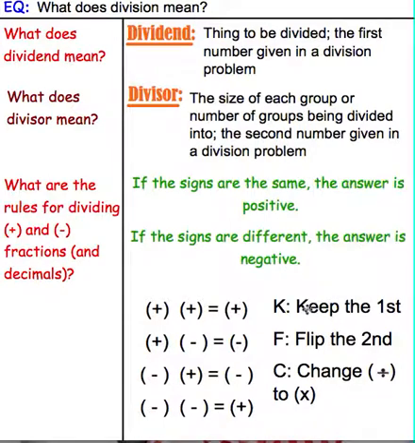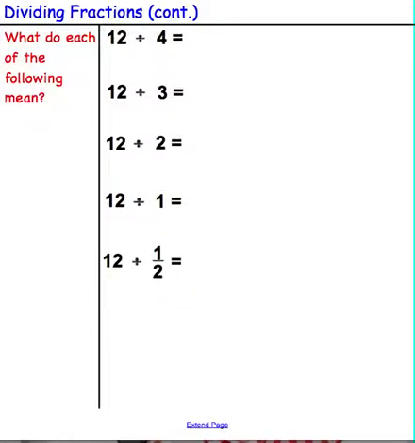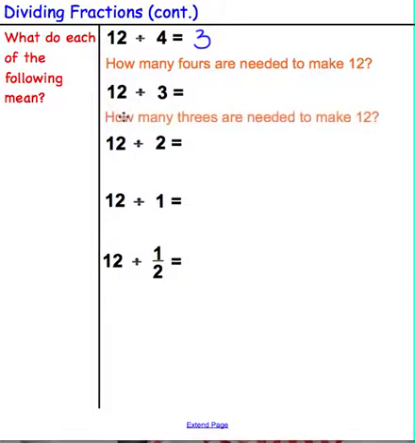Let's go ahead and use this in practice to talk about the meaning of division. If we have 12 divided by 4, this means we want to know how many 4s are needed to make 12, which, as you know, is 3. 12 divided by 3 means how many 3s are needed to make 12, which is 4.